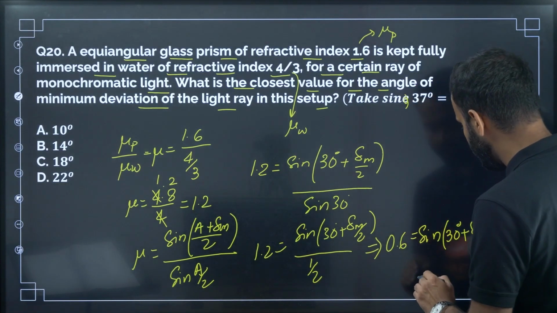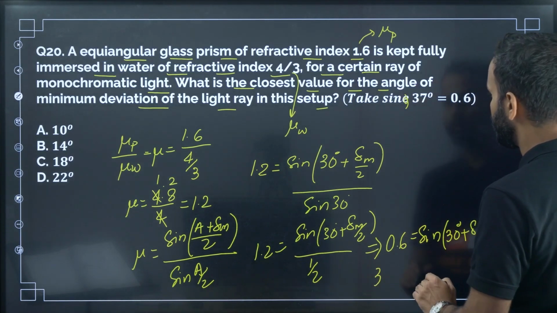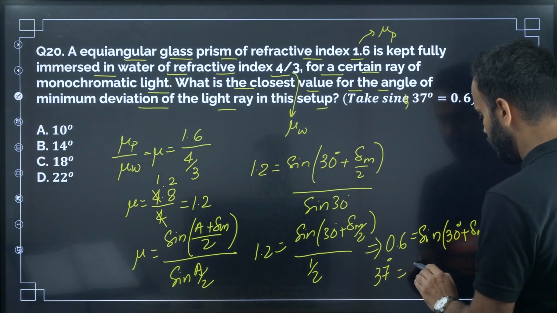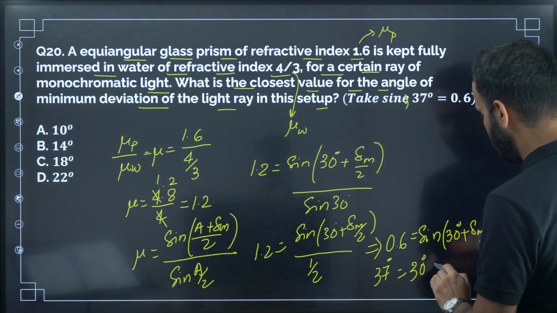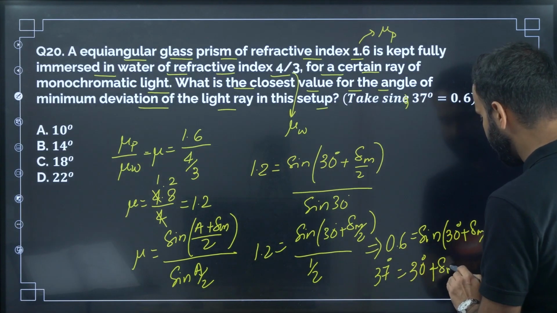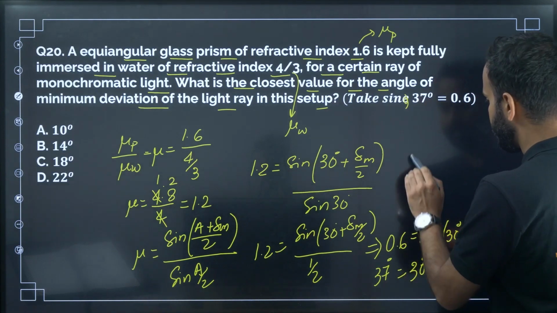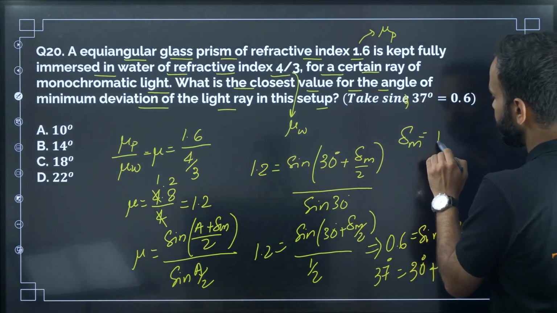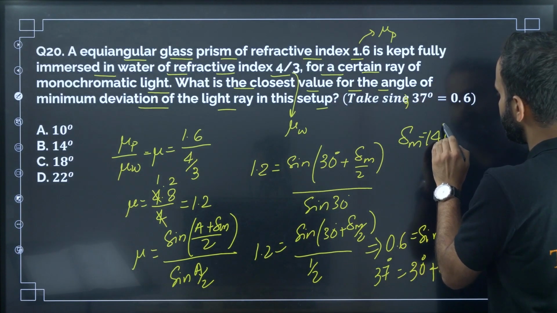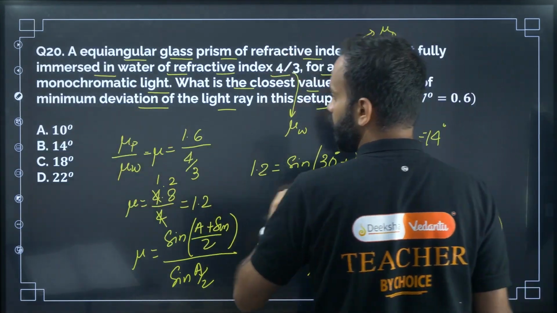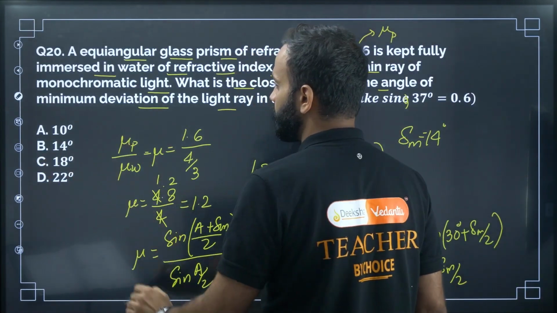So 37 degree is equal to (30 degree plus delta m) divided by 2. Now solve this, you will get delta m equal to 14 degree. This is the angle of minimum deviation. So the correct option is B.